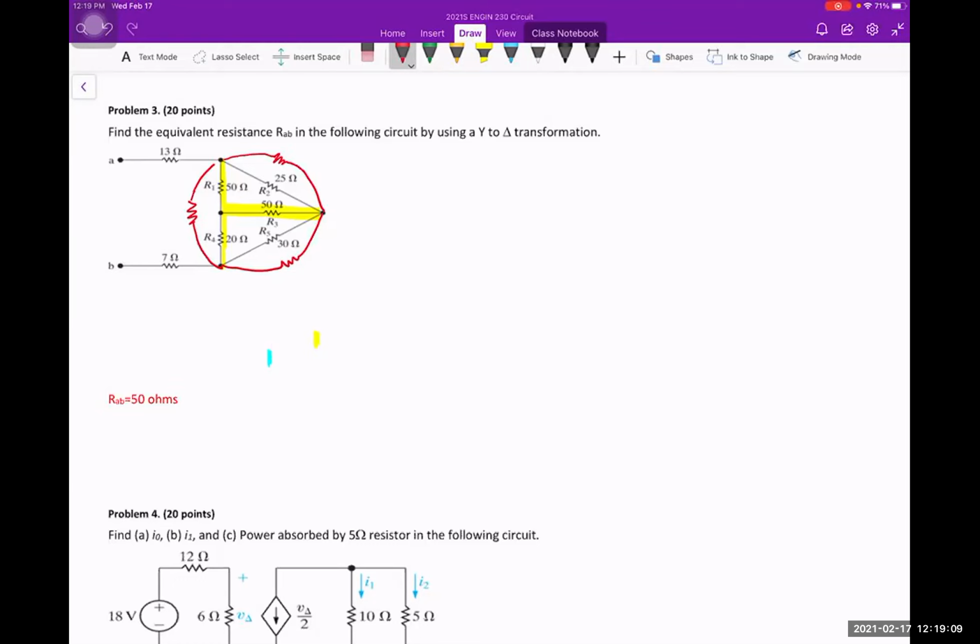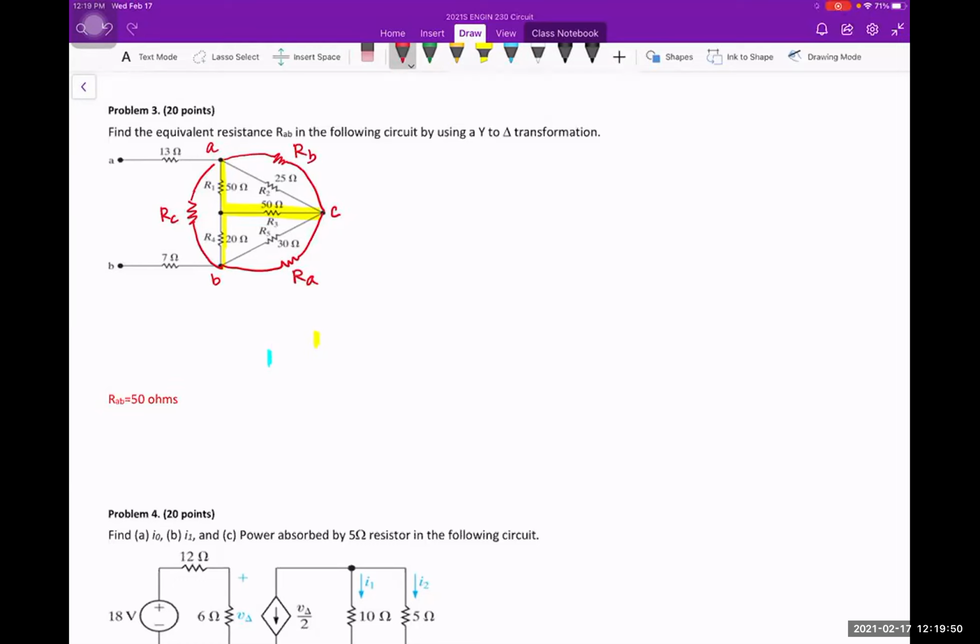So if I use the top one as node A, the bottom one as node B, and this one as node C, the new resistor depends on which side is opposite to the corner. So the opposite side of C is going to be RC, similarly this will be RB, and this will be your RA.